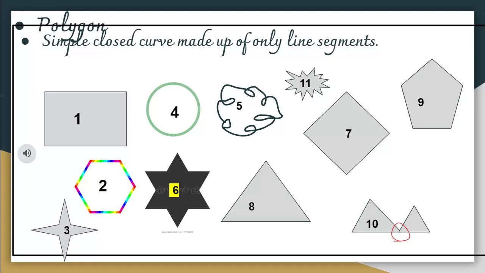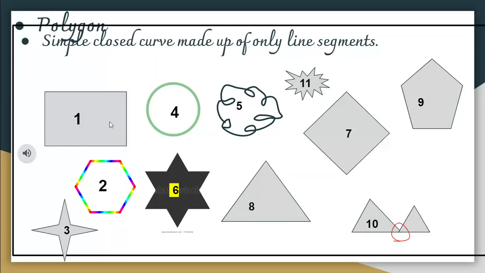So these images that you see on the screen, are they all examples of polygon? Let us check. The first one, is it a simple curve? Yes, because it doesn't cross itself.